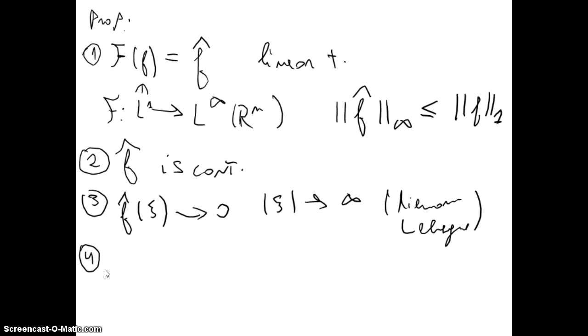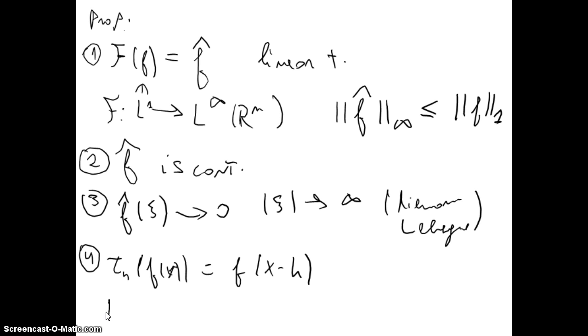Another property: if we call tau h of f(x) the translation, then we will have the following property.